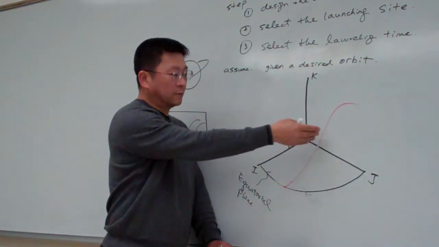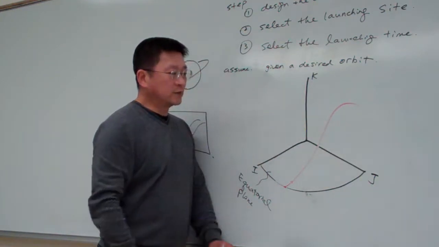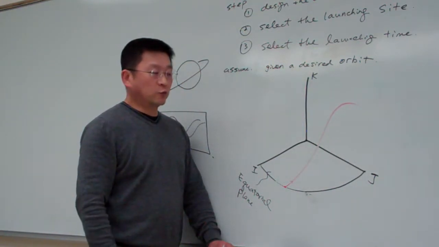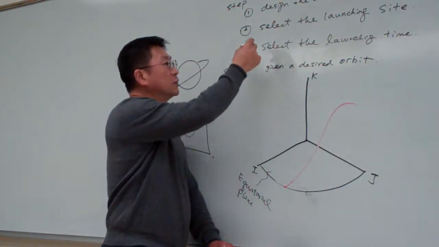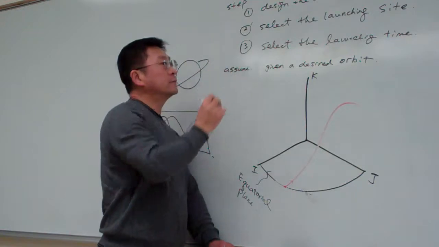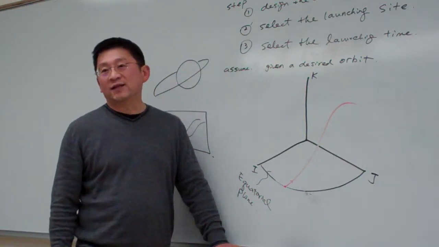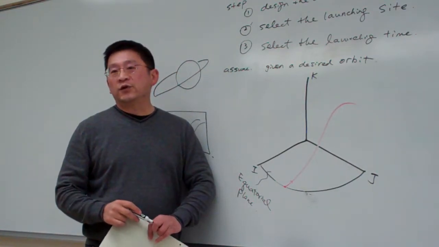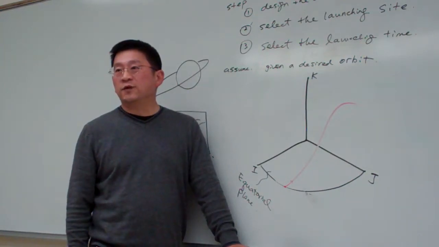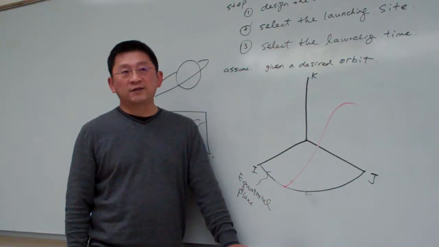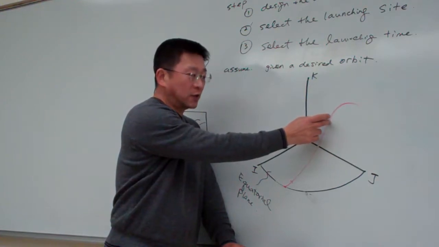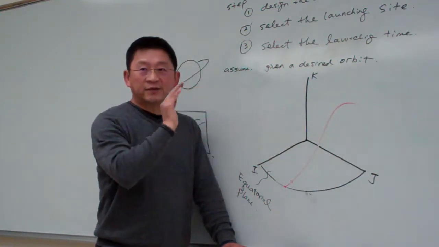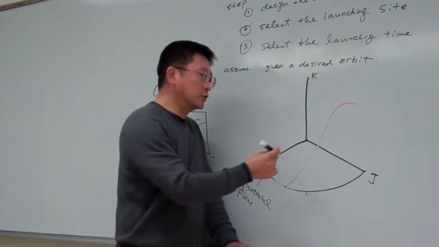Now the projection of the orbit is fixed, which we call the ground track curve, and we want to determine the launching site. To use the minimum fuel in launching, the right moment and the right site are such that the projection of the orbit passes right through the site you'd like to launch from.